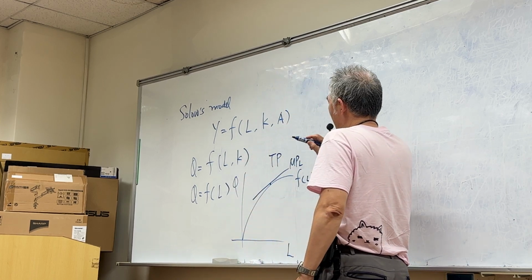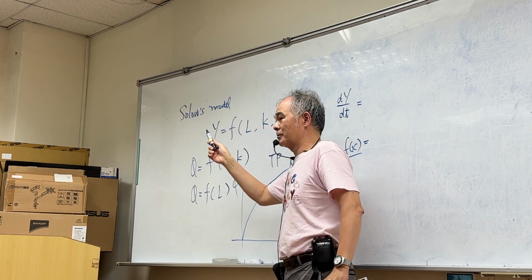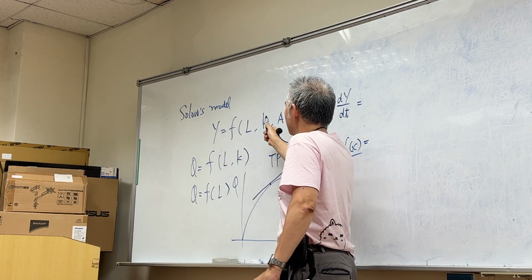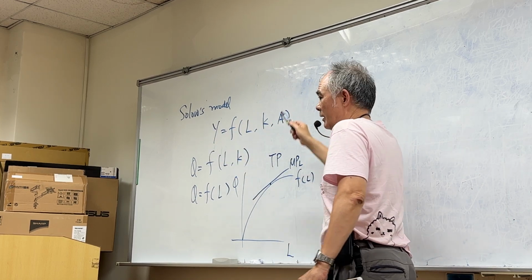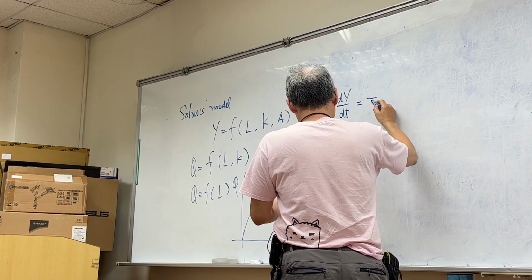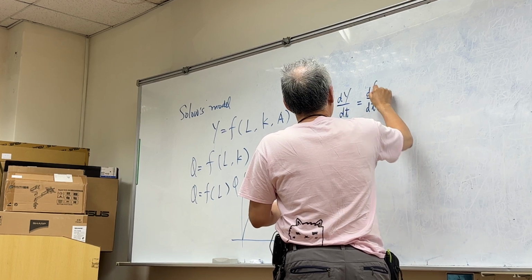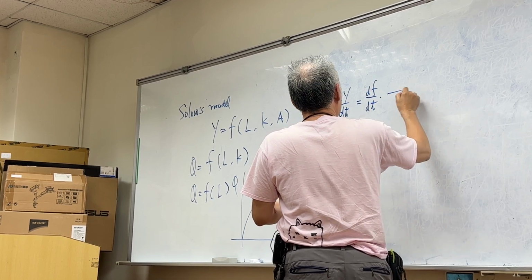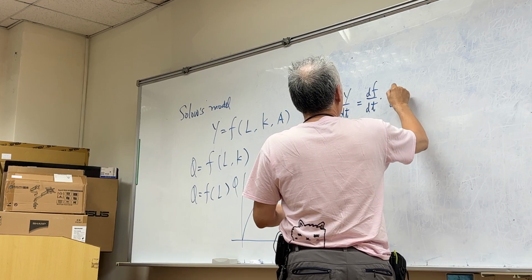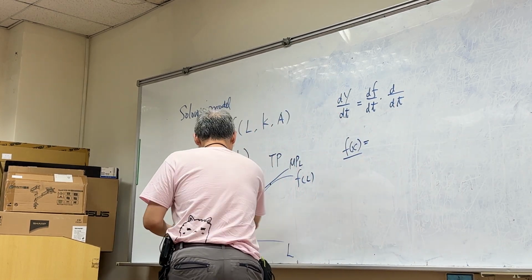Because you have three variables, L, K, and A, basically what you're going to have is dF and dt. Sorry, let me get this.